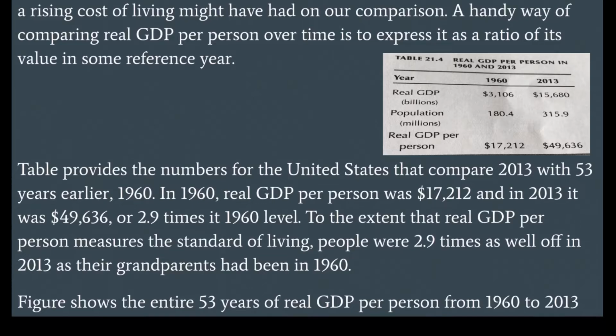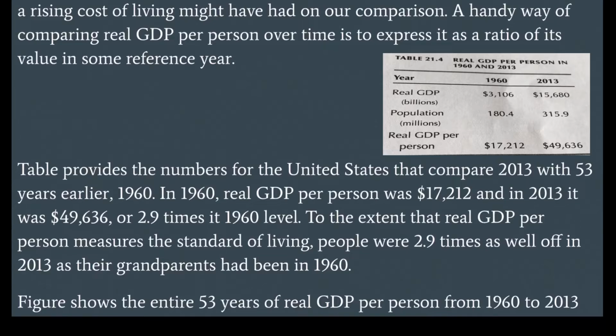The table provides the numbers for the United States that compare 2013 with 53 years earlier, 1960. In 1960, real GDP per person was $17,212, and in 2013 it was $49,639, or 2.9 times the 1960 level.